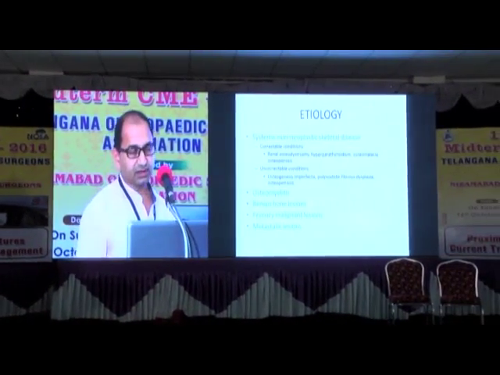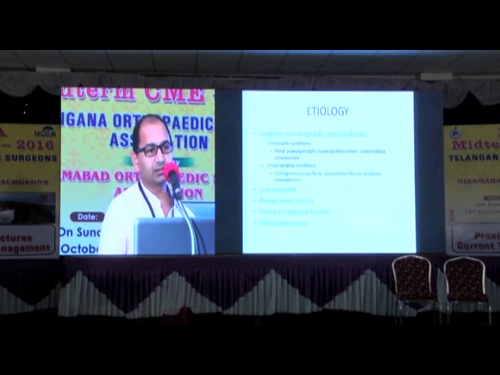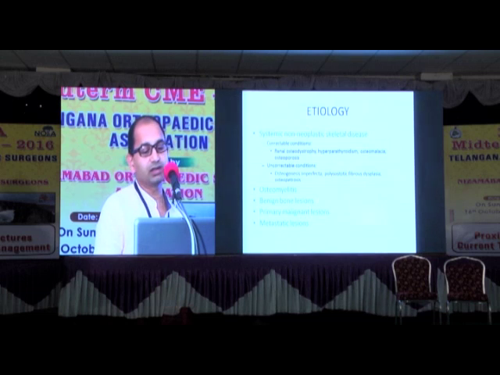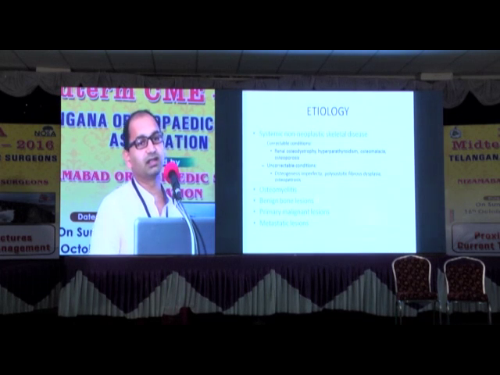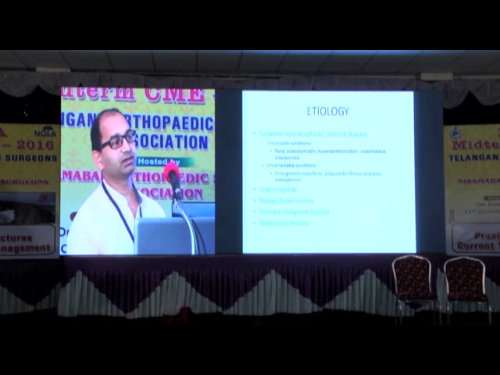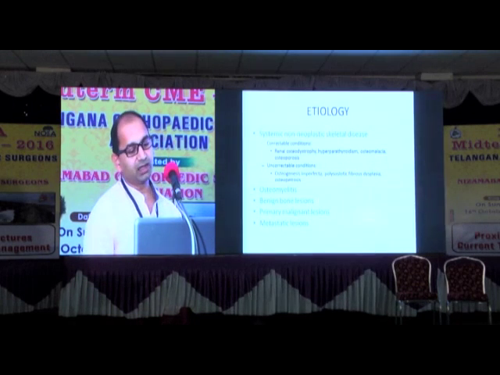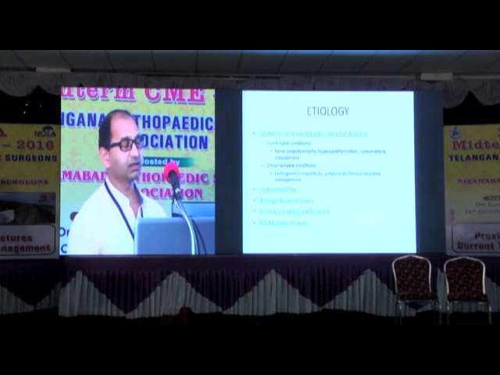But to generalize for our day-to-day practice, you could classify them as systemic, non-skeletal, non-neoplastic skeletal disease, where you have the correctable causes and the uncorrectable causes. Sort of makes it a little easier. Then you have osteomyelitis, benign bone lesions, primary malignant lesions, and metastatic lesions.